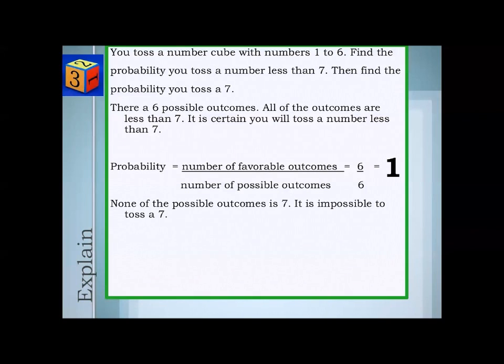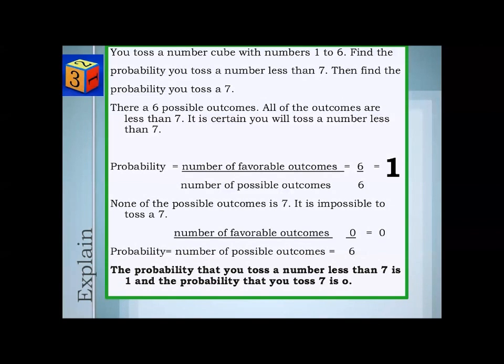So none of the possible outcomes will be 7. So it is impossible to toss a 7. So let's look at the probability, the number of favorable outcomes. We want to toss a 7. 0.